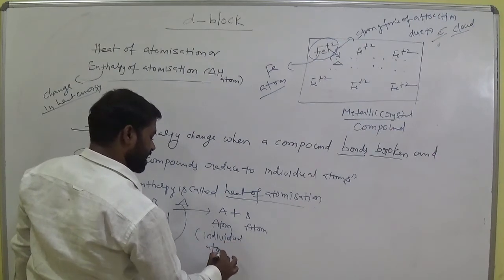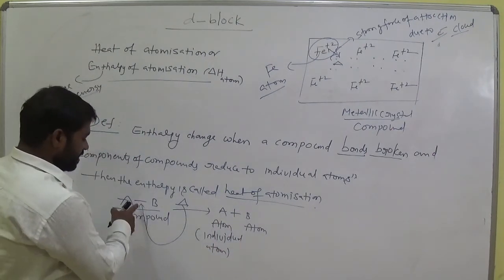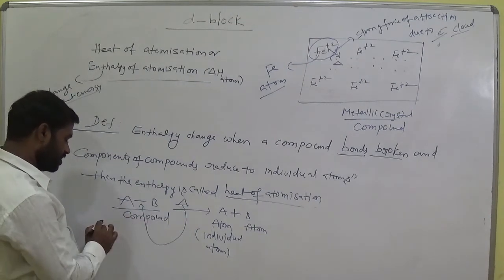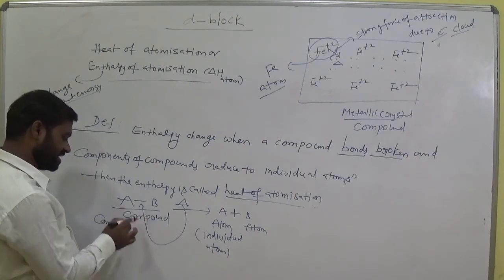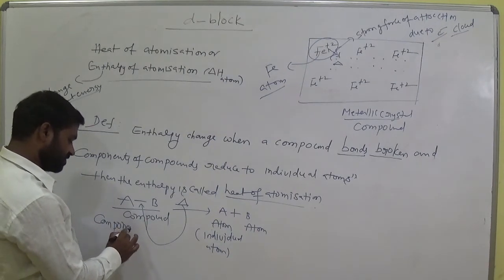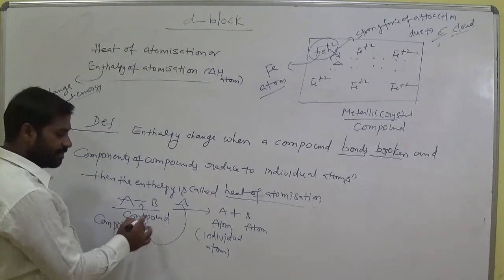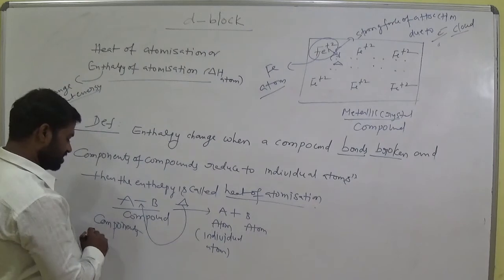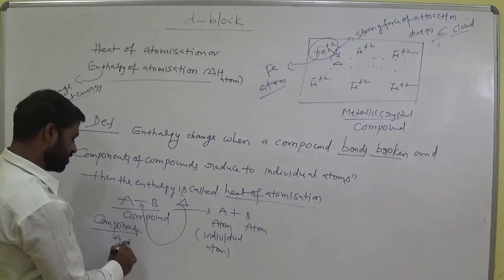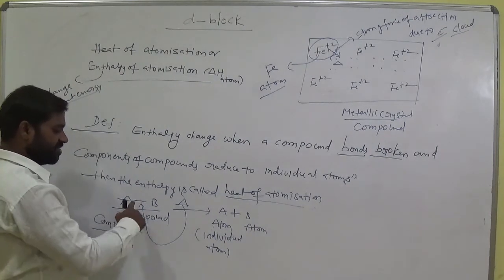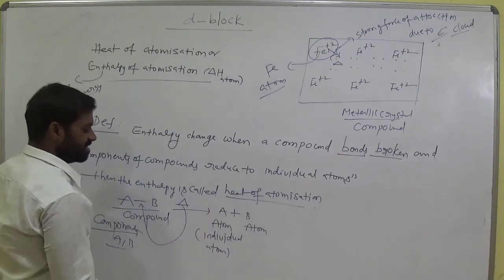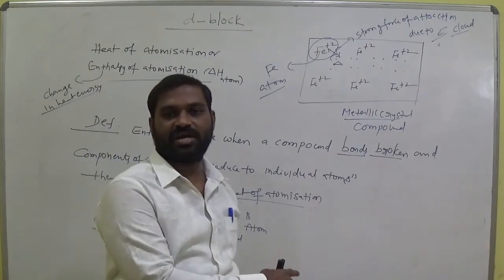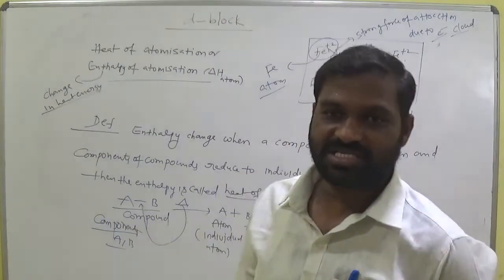Components means what is present in the compound. By supplying heat energy we break the components into individual atoms. This energy is called the heat of atomization. When the bond is strong, it has more heat of atomization. Okay, clear?